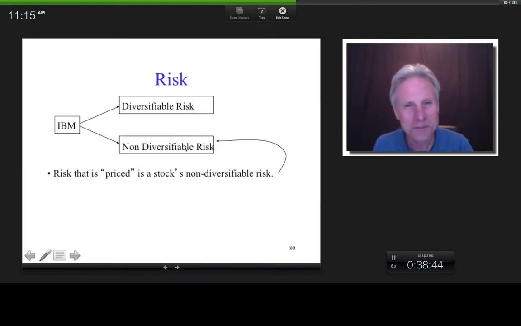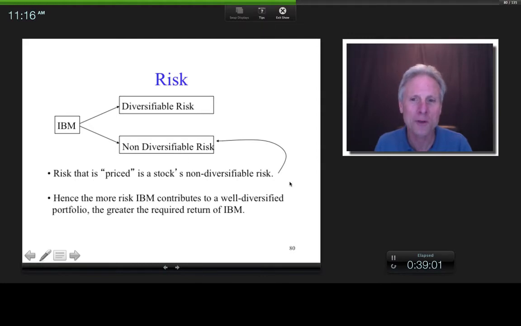And so risk that is quote-unquote priced, in other words, risk that is part of that pricing sentence, for more risk, we require more return, is the non-diversifiable risk. So the more risk that IBM contributes to a well-diversified portfolio, the greater the required return of IBM.